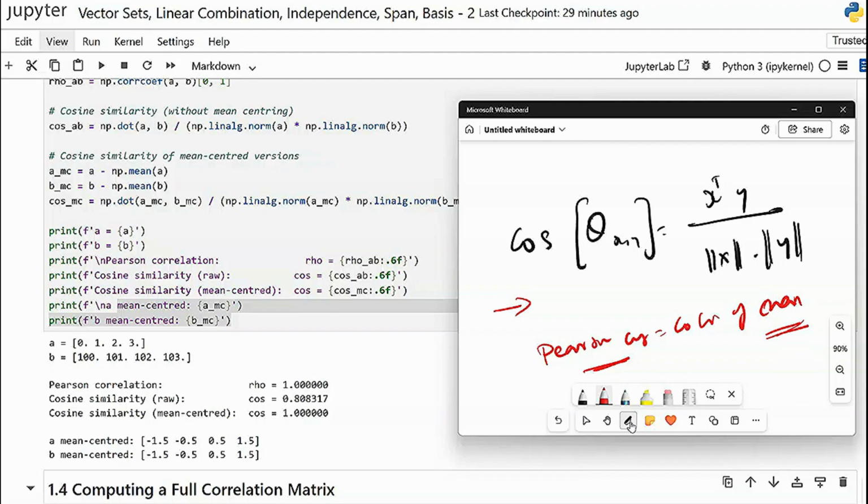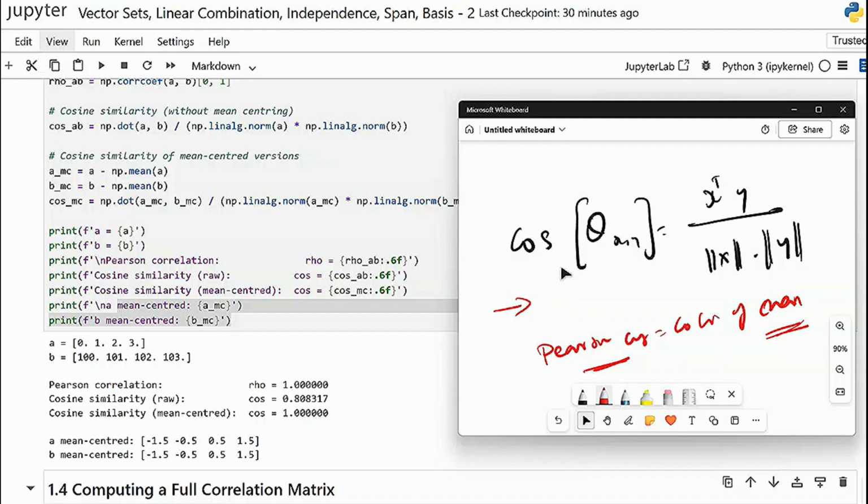And if you ask when to use Pearson or when to use cosine similarity, kindly have a note: Pearson correlation when you care about relative changes, that is, do the variables move together. So it is standard for most statistical analysis. And cosine similarity when the absolute values matter, not just their deviations.